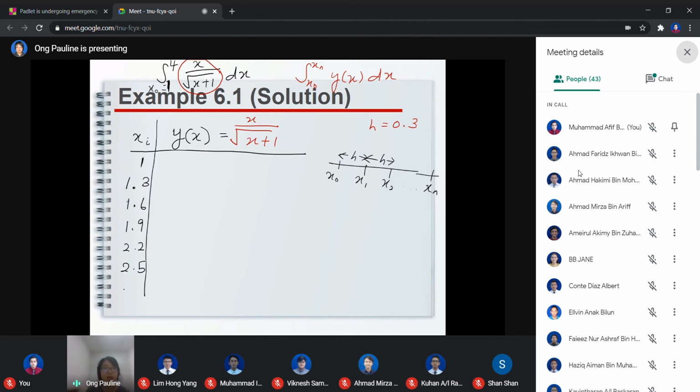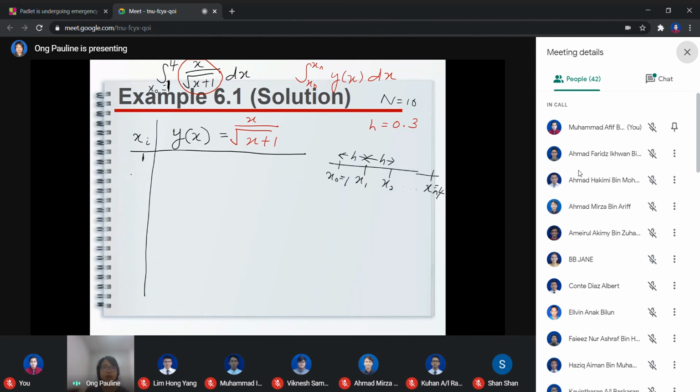Let me decrease the size of my writing. Right. So my starting point x naught is 1, and my ending point, I know that the xn is 4. So starting from 1, the next value I always increase with h, where the h from the previous calculation is 0.3, where we let the n to be 10.